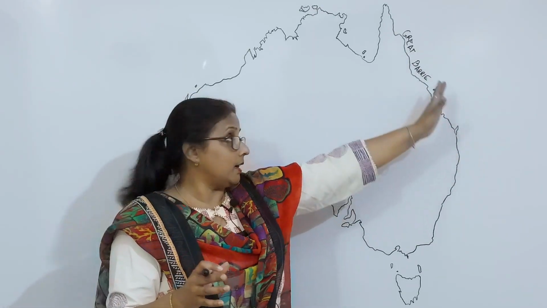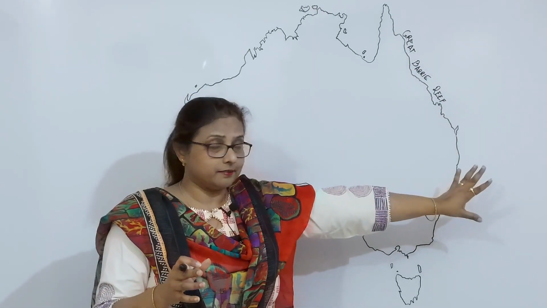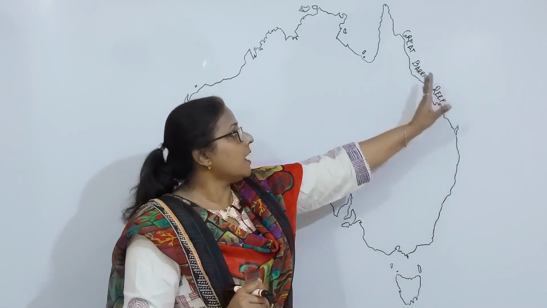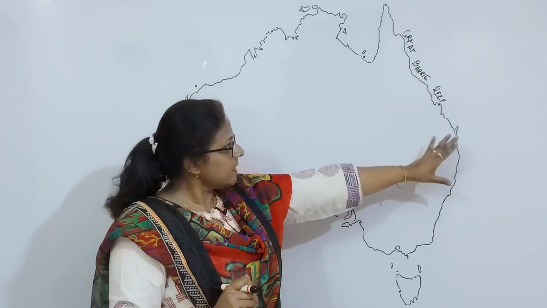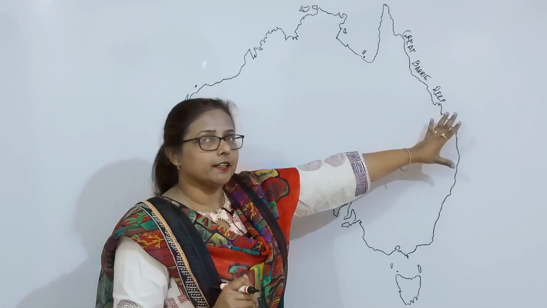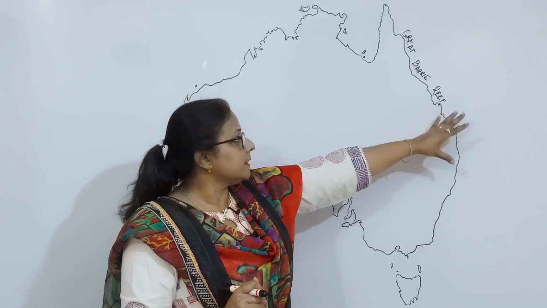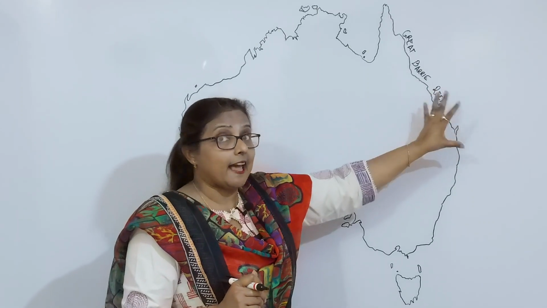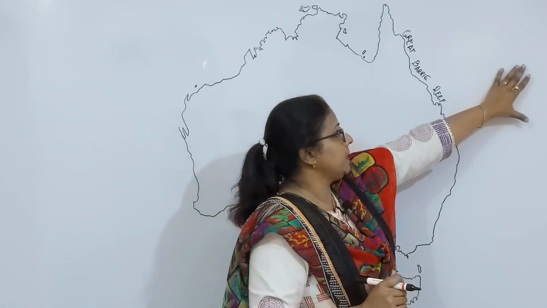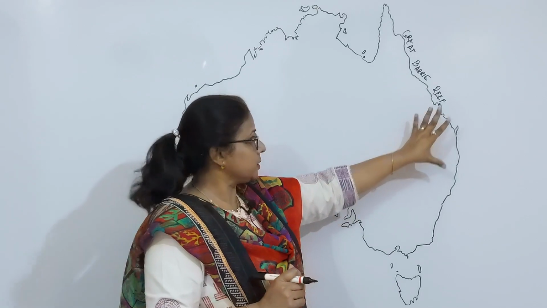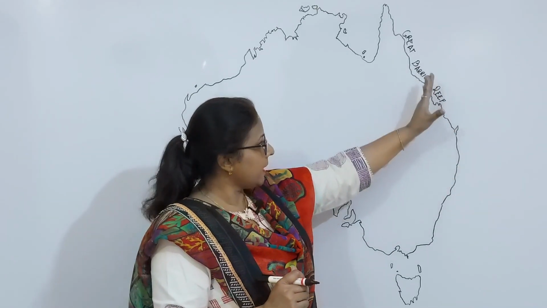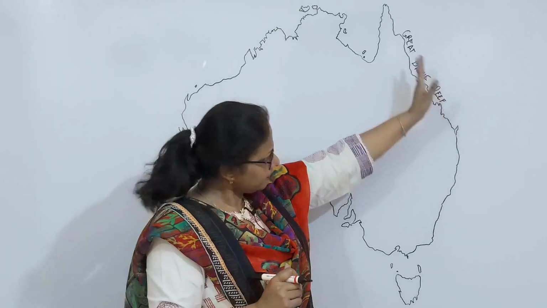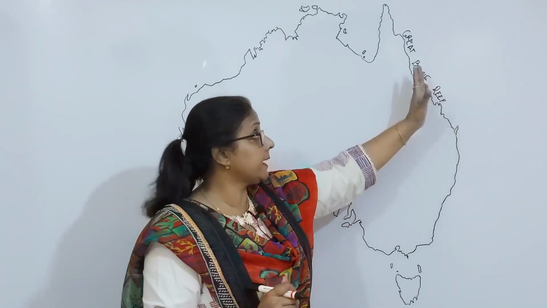Though they are a great tourist attraction, they have one disadvantage. This reef is a risk to navigation, because ships coming from the Pacific Ocean towards Australia many a time strike against the corals which are spread over here, and they tend to destroy and break them.